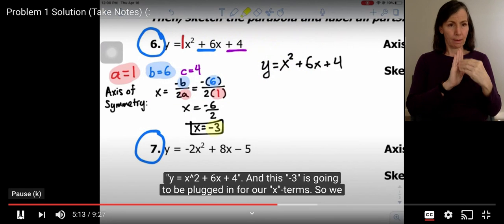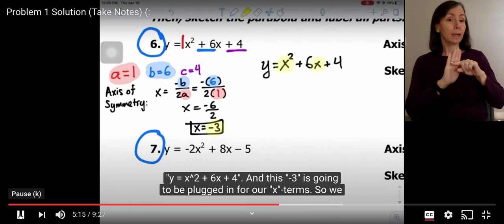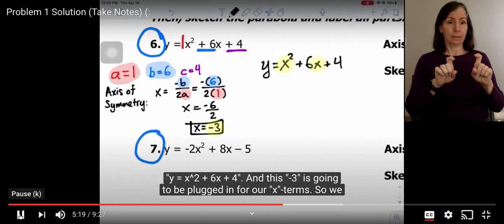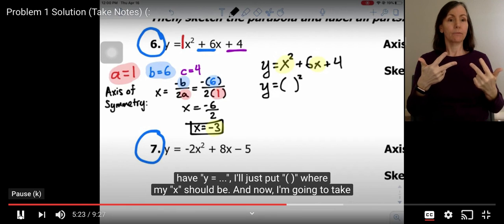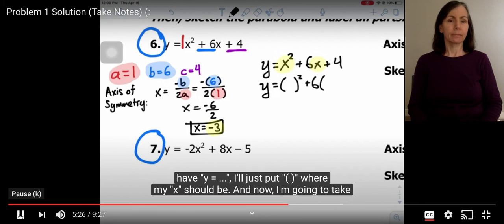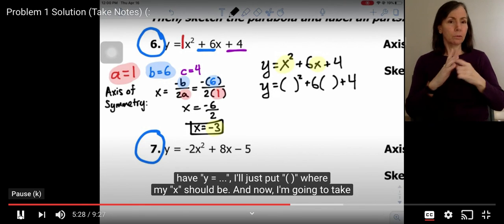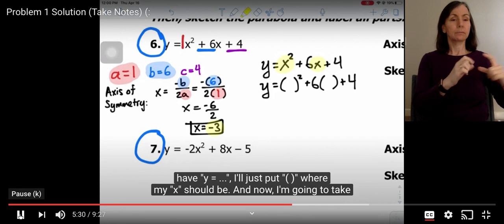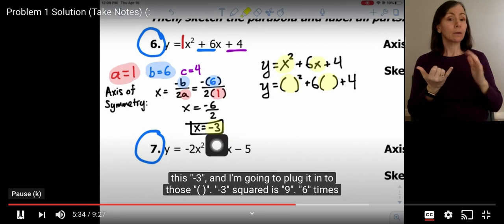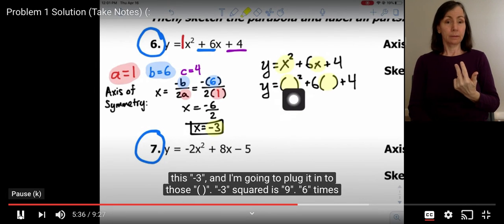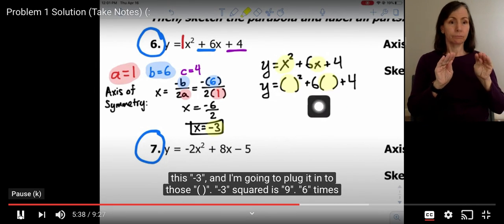And this negative 3 is going to be plugged in for our x terms. So we have y equals, I'll just put parentheses where my x should be. And now I'm going to take this negative 3 and I'm going to plug it in to those parentheses.